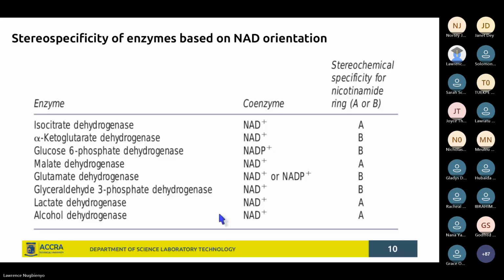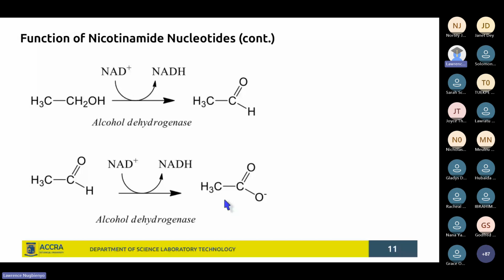Right. Now we take a specific example of a reaction in which you will see this nicotinamide nucleotide acting. This is with the enzyme alcohol dehydrogenase, and you see NAD plus and NADH acting in that reaction as a coenzyme to the alcohol dehydrogenase. And here you see ethanol is being oxidized to acetaldehyde.